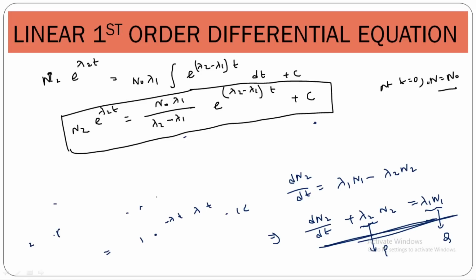Let me first put t is equal to 0. Then we will have n2 is equal to n0 lambda 1 divided by lambda 2 minus lambda 1, e to the power 0 is 1, plus c.